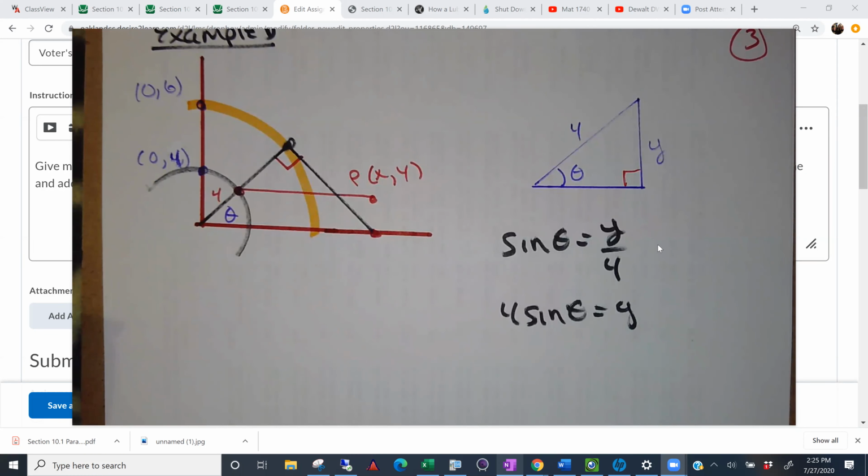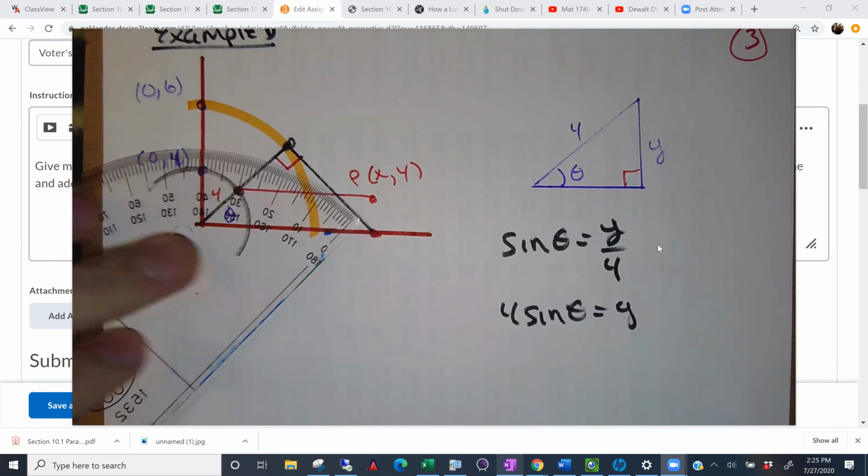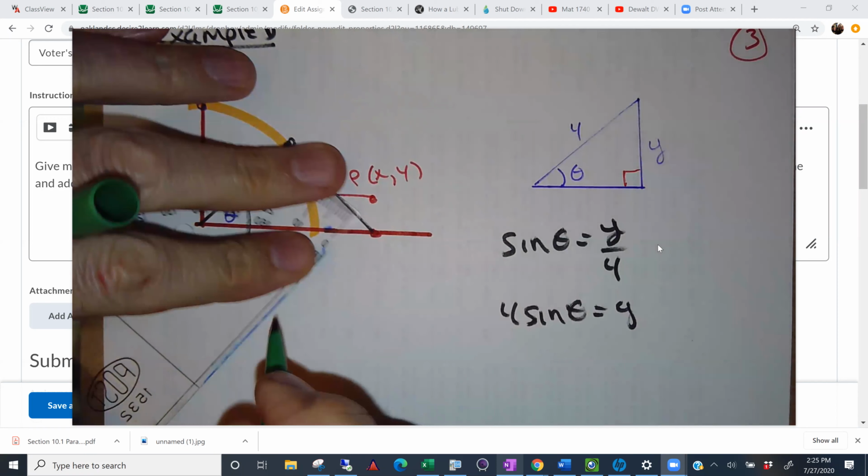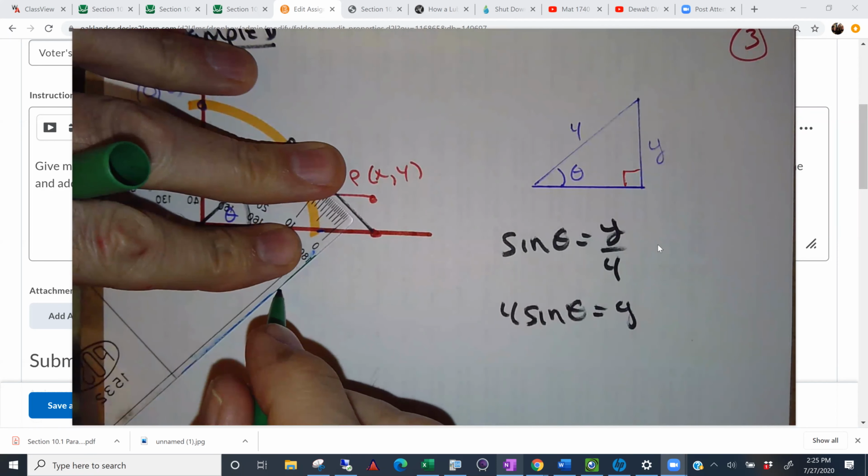And there's just a little something to be careful about there, and that is drawing this triangle correctly, and understanding one thing that tripped me up for a moment when I was working on this.